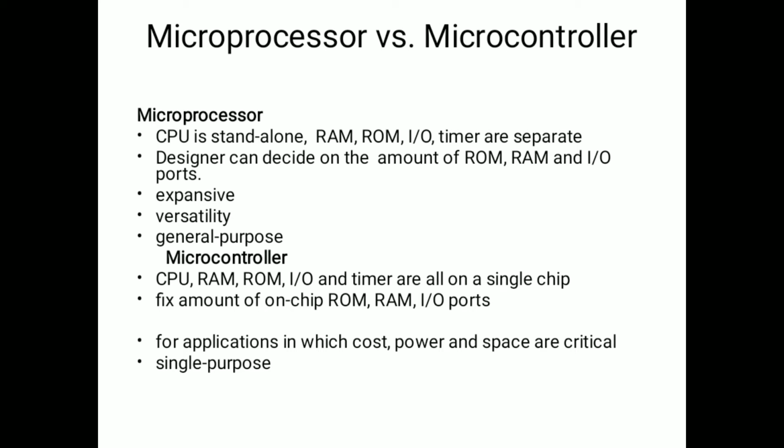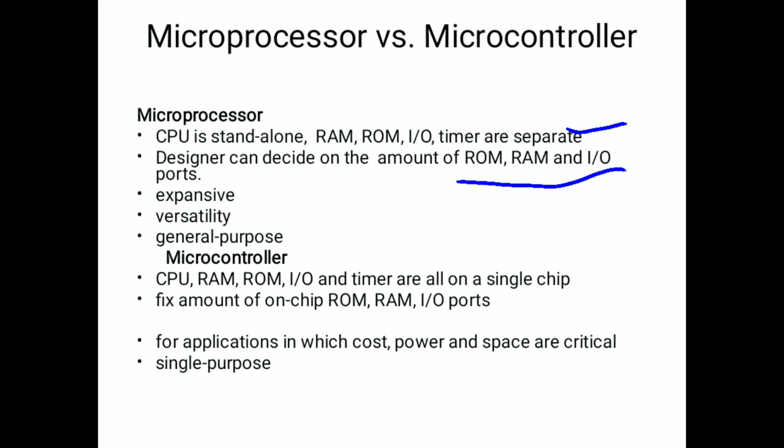In a microprocessor, the CPU is a standalone device, and if we want to use memories like RAM, ROM or input output interface or timer, they need to be connected separately. The designer can connect the ROM, RAM or IO ports according to his requirement.